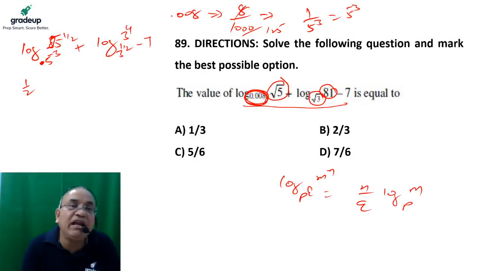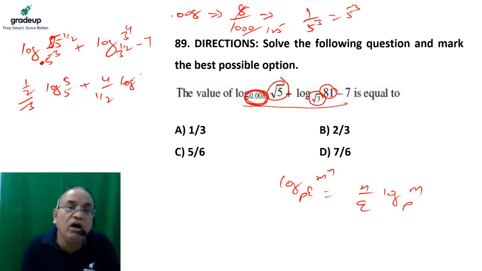So similarly, we can write that half and this power is nothing but minus 3. That is nothing but log 5 base 5. Similarly, here we can write this 4 by 1 by 2 minus log 3 base 3 minus 7.